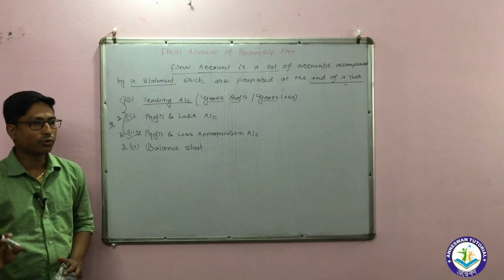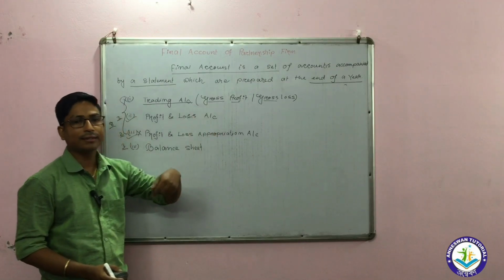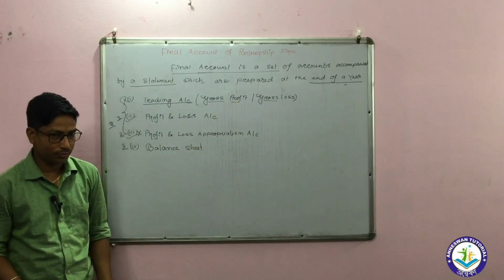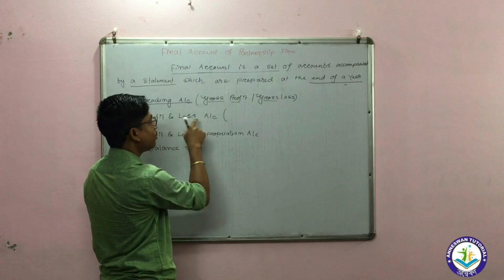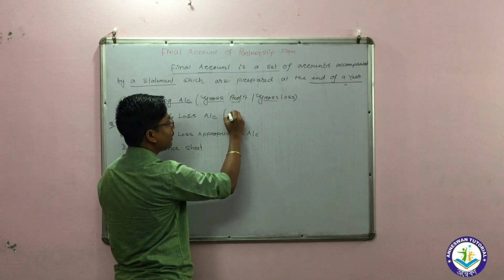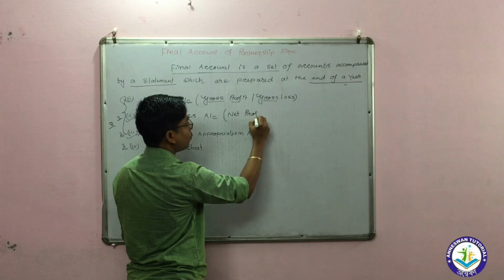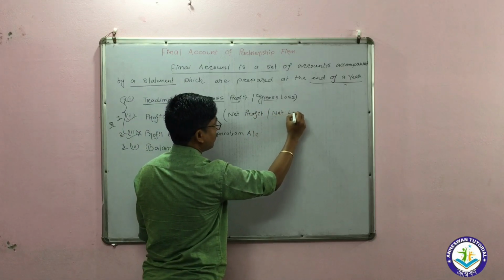The difference between cost of goods sold and selling price: if positive, gross profit; if negative, gross loss. Then you need to prepare a profit and loss account with the objective to find out the actual profit, which is called net profit or net loss.